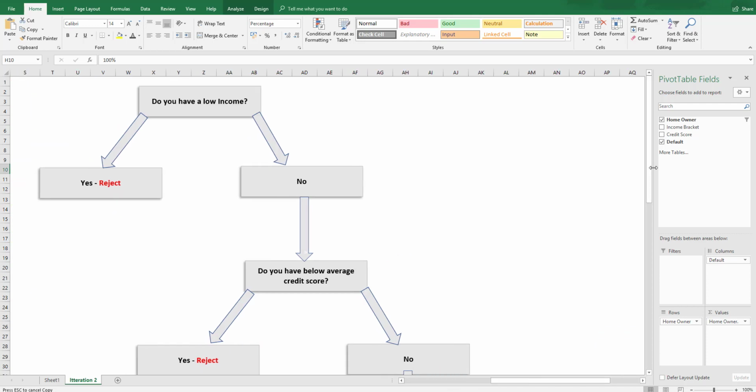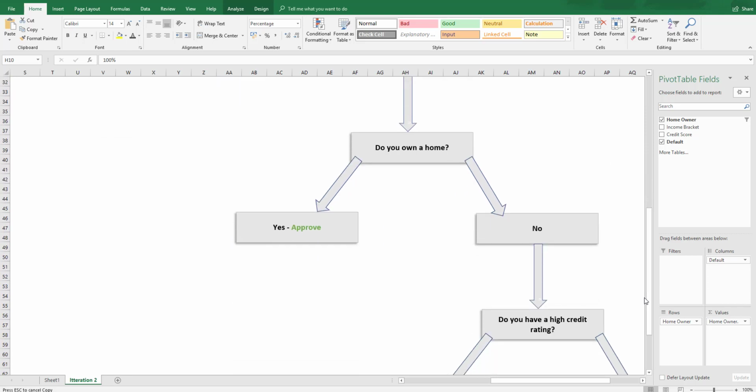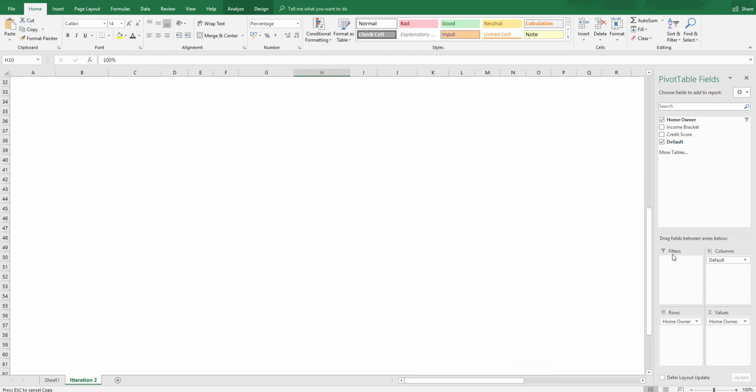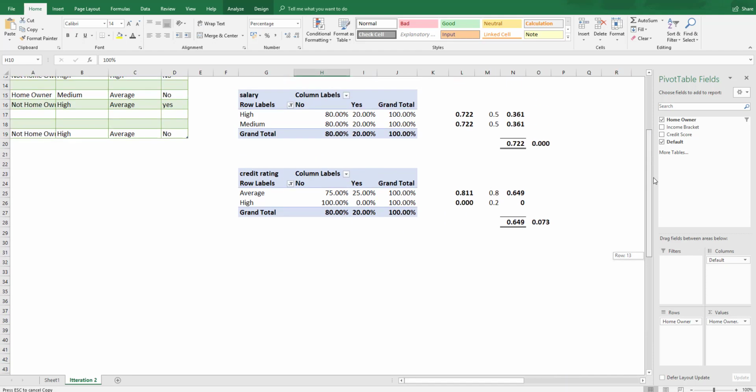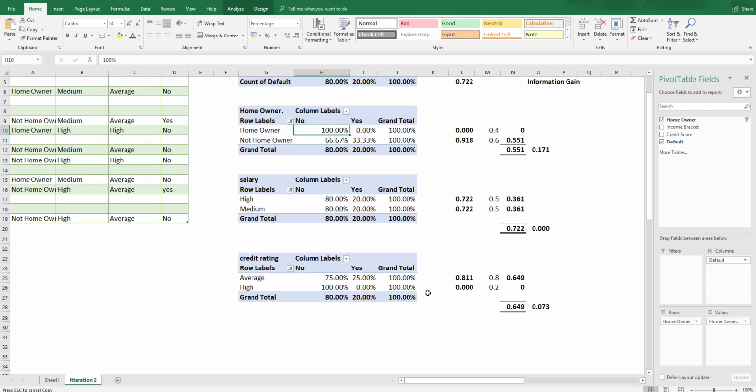So the next iteration on our decision tree would be, do you own a home? And if the answer to this is yes, you would approve it. And if the answer to this is no, you would move on to the next iteration. Let's go back to our iterations again. And under our next question, we can see that if you have a high credit rating, you're not going to default on your loan.